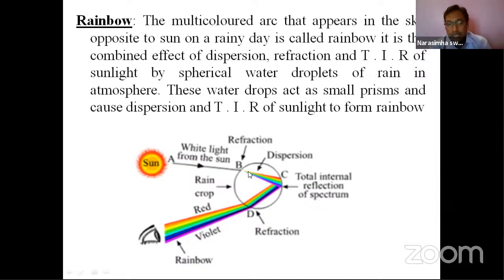Observe here inside the water drop, the bottom one is violet and the top one is red. But by the moment it reaches our eye, the upper one is red and the bottom one is violet. These beautiful 7 colors are what we call a rainbow. So this is the formation of a rainbow.